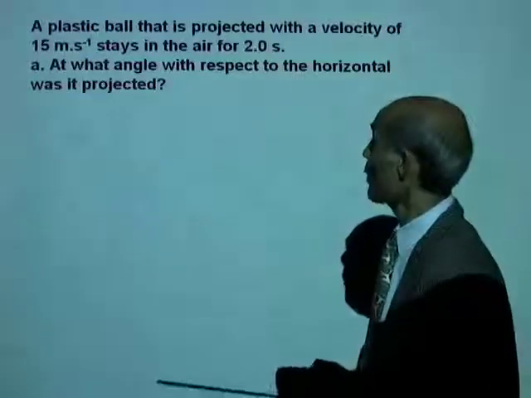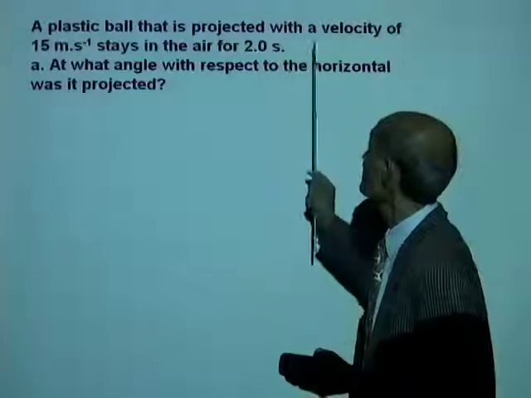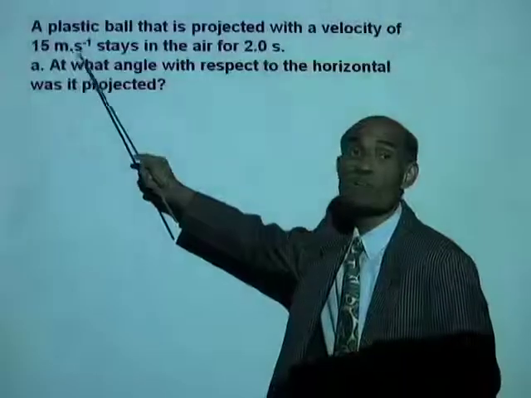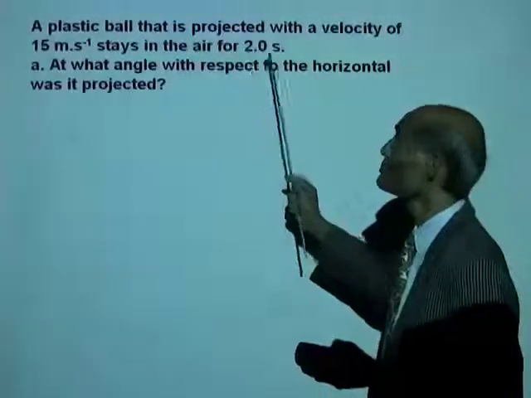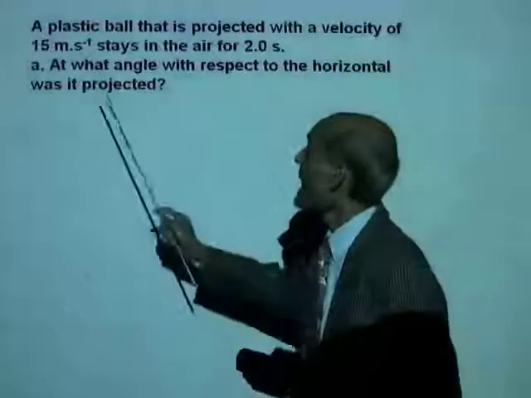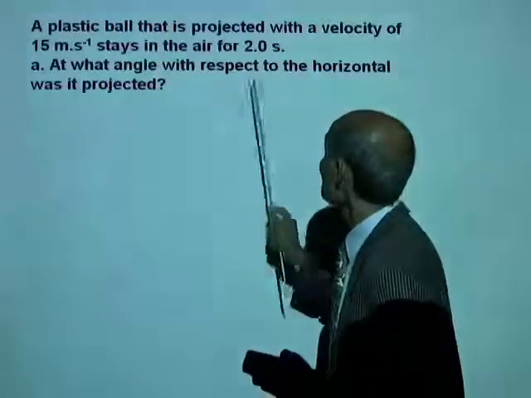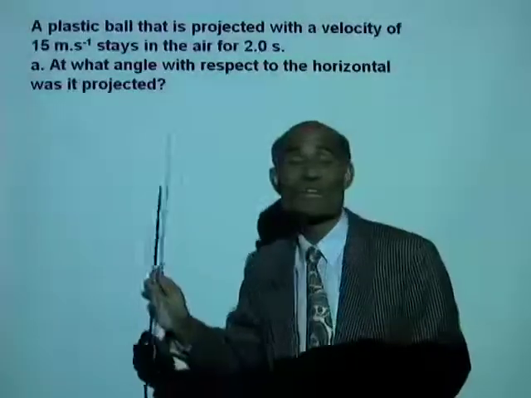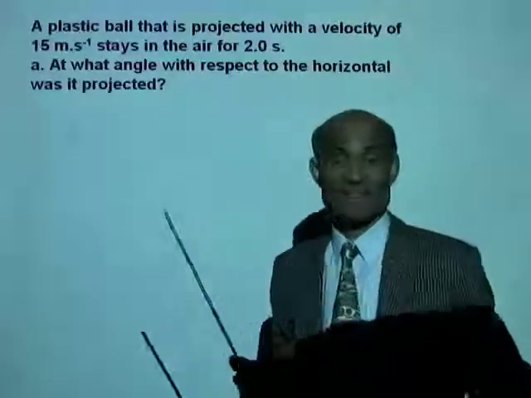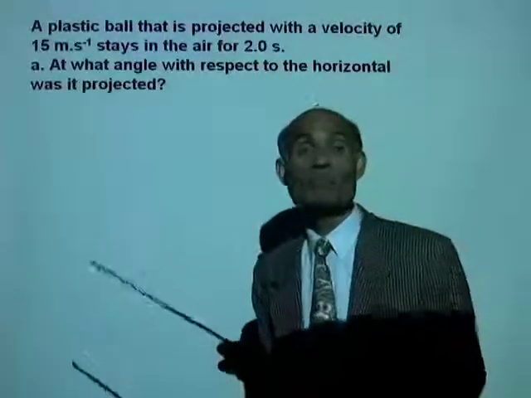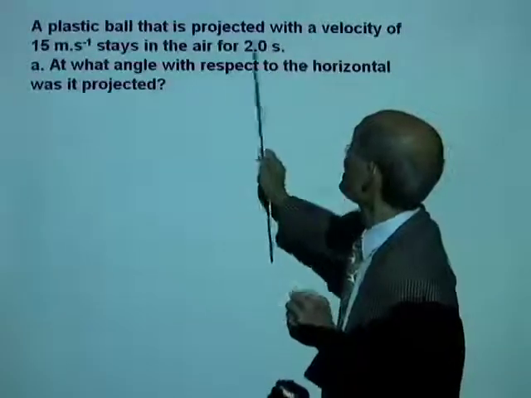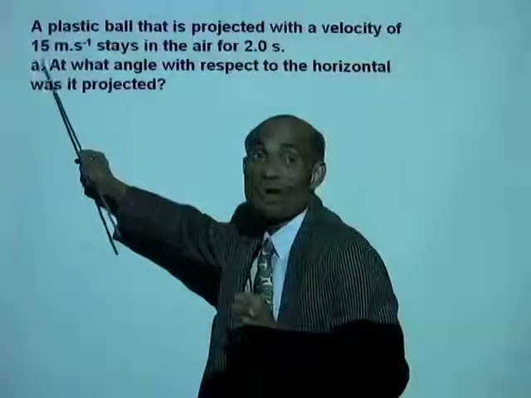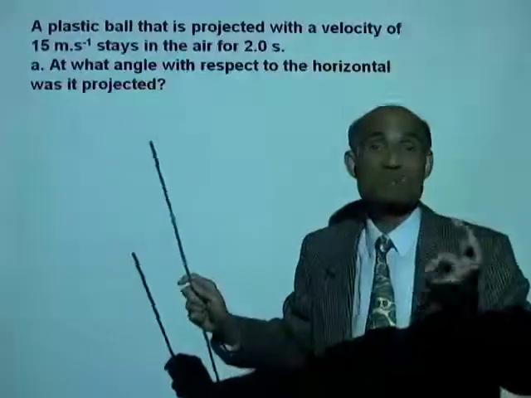A plastic ball that is projected with a velocity of 15 meters per second stays in the air for 2 seconds. At what angle with respect to the horizontal was it projected? In other words, what are the given things? We are told that the projectile was projected with a velocity of 15 meters per second.